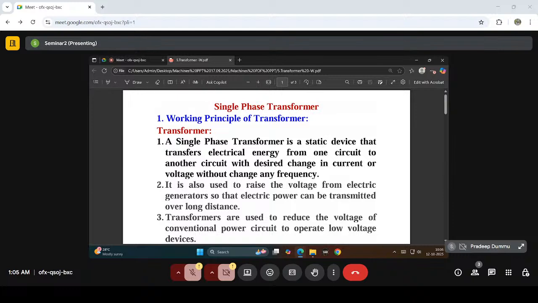This is the condition of the transformer. We can change the voltage, 220 to 110. Yes, we can change the voltage from one circuit to another; that depends upon the design. Sometimes I need 220, sometimes I need 440. Yes, I can change 220 to 440.